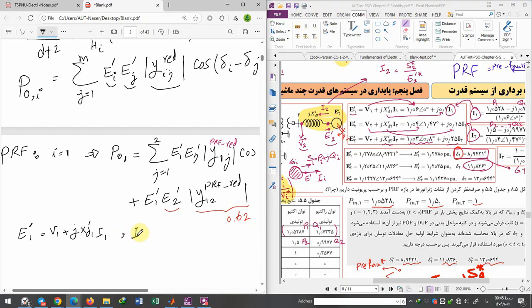And I1 is calculated as S generation conjugate over V1 conjugate. E2 is equal to V2 plus jXd2 prime I2, and I2 is S generation conjugate of generator number 2 over V2 conjugate.